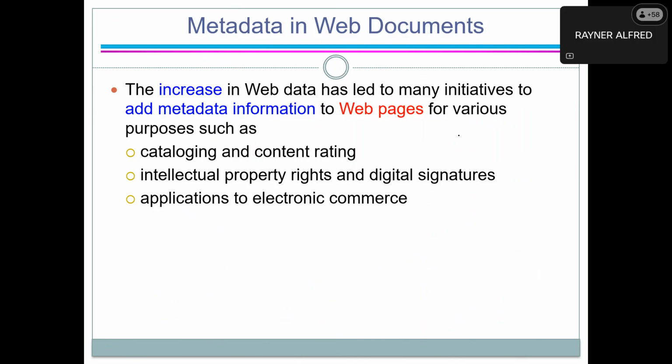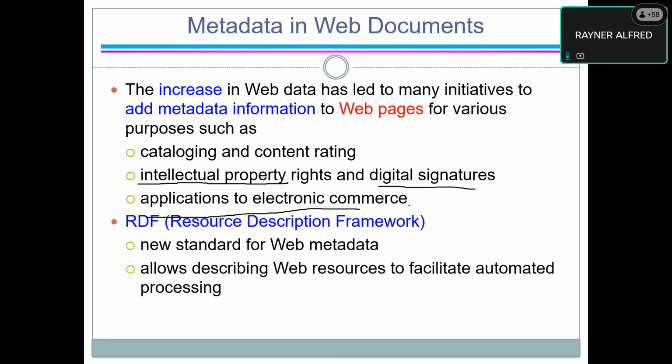This is important because normally you want to map your IP or digital signature, or you want to include your item in e-commerce because you want to promote it, right? You want to sell your product, so you need to provide as much information as possible in order for your product to be visible out in the market.